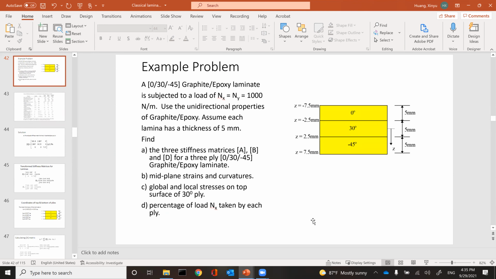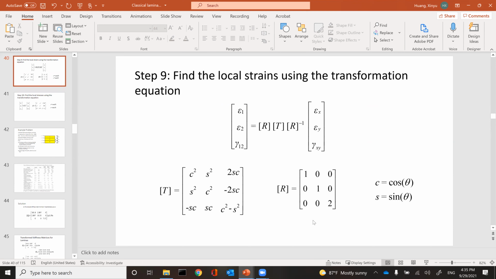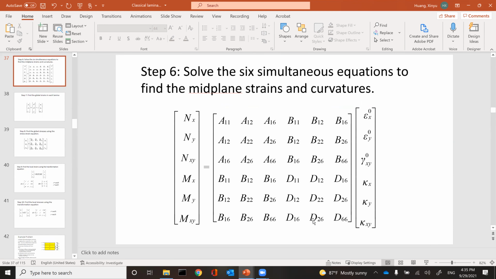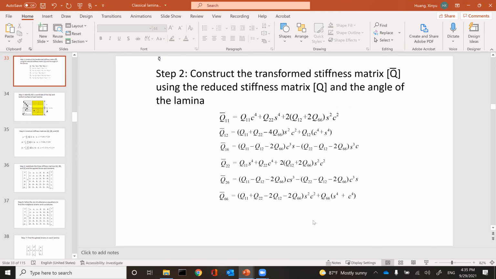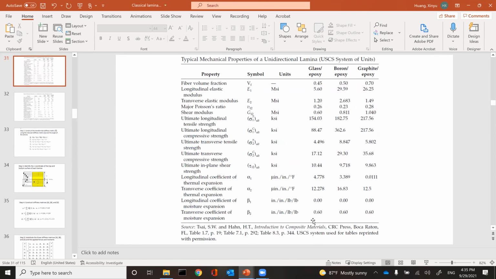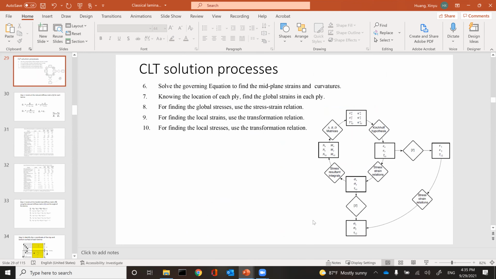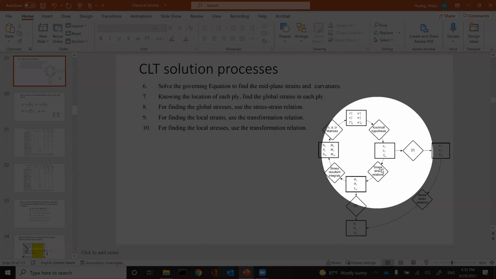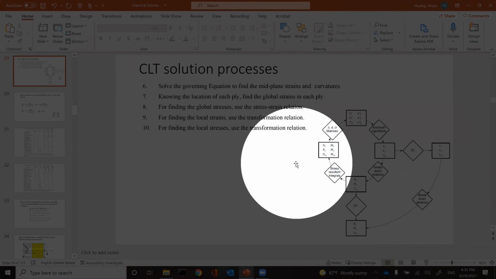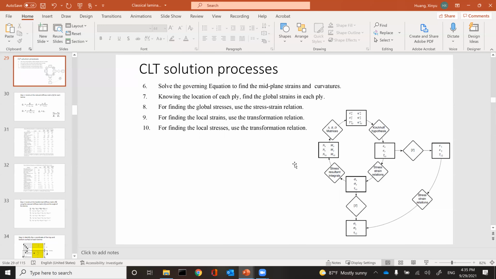All right, so we basically went through the steps right here. You can start writing your code one piece at a time.